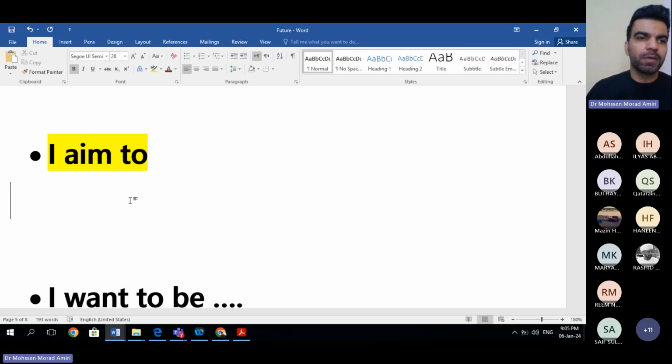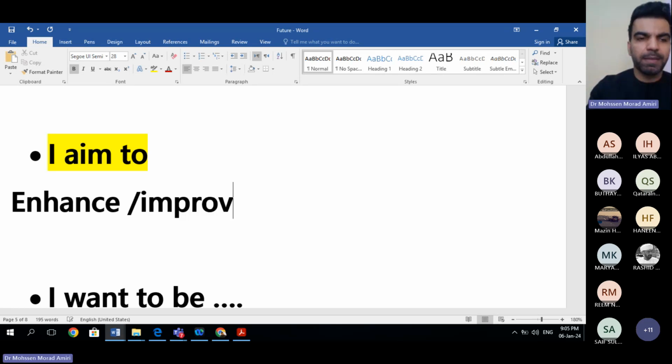I aim to enhance my. Enhance, guys, means improve. The synonym of improve is enhance. And if you write it in the exam, for example, the teacher will like it. Enhance. It's a very, very nice word.